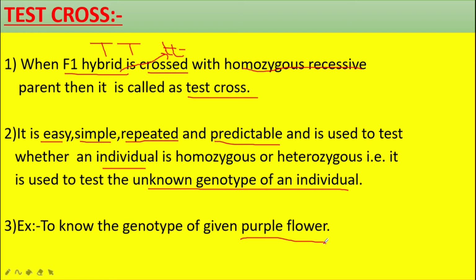The phenotype is clear to you: the flower is purple, so purple color is the phenotypic character. But with the help of test cross we can know the genotype of this purple flower. So this test cross is easy, simple, repeatable and predictable. With its help, an individual's genotype can be easily predicted. So this is all about test cross.